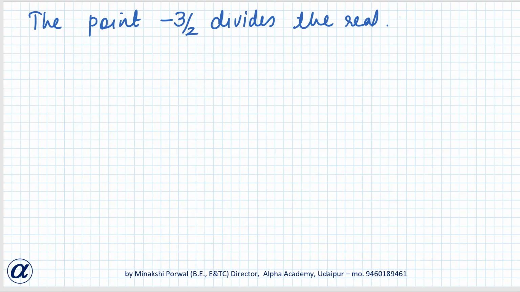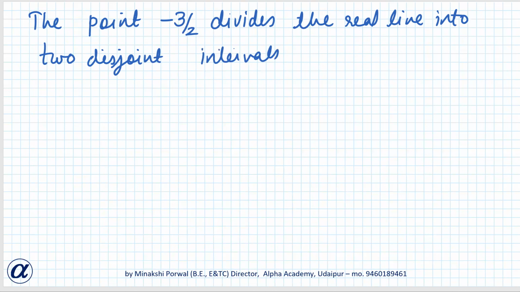So the point minus 3 by 2 divides the real line into two disjoint intervals, that is minus infinity to minus 3 by 2 and minus 3 by 2 to infinity.